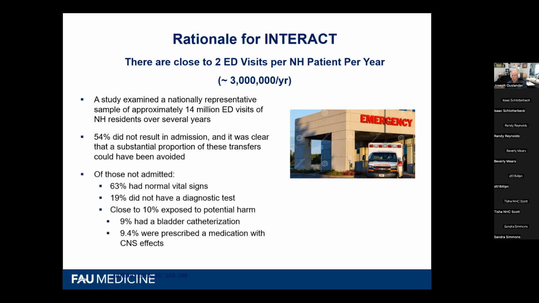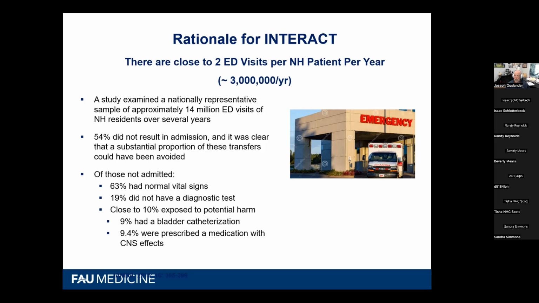And not only could they have been avoided, but when charts were examined, 63% of these nursing home patients who went to the emergency department had normal vital signs, and 19% didn't have a diagnostic test.